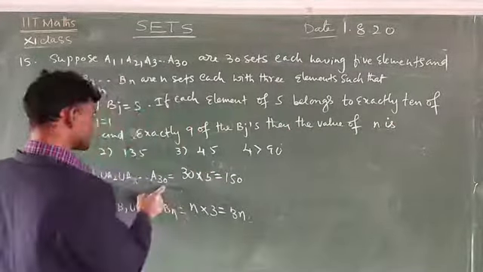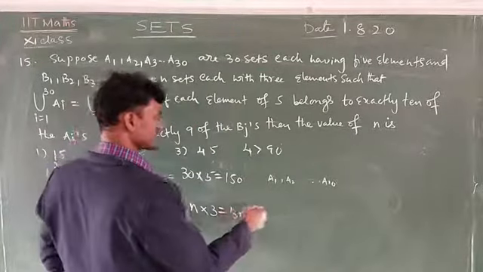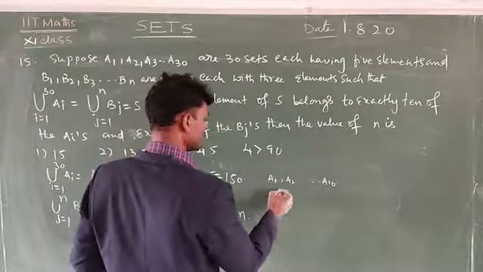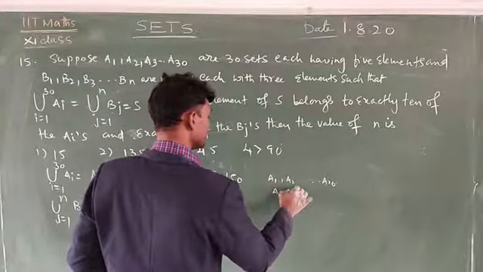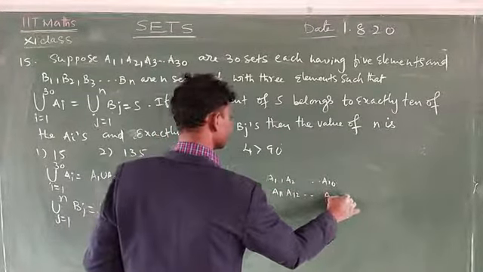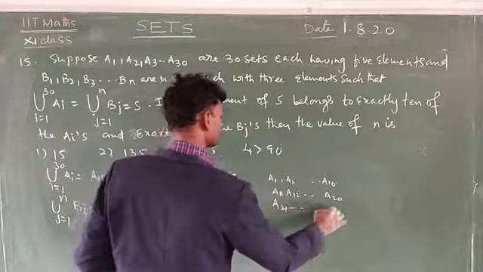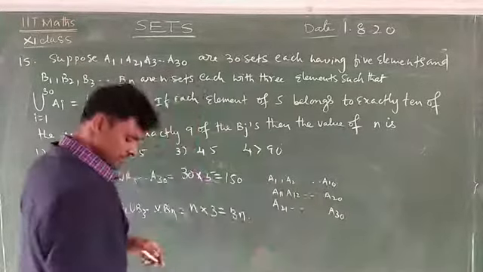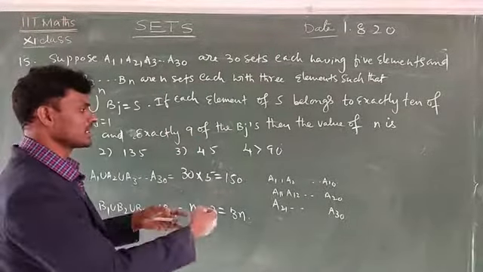Of the 30 sets, A1, A2, A3 up to A10 is one group, then A11, A12 up to A20, then A21 up to A30. Like this you can interchange and write the sets.